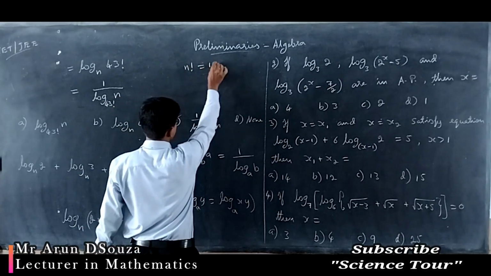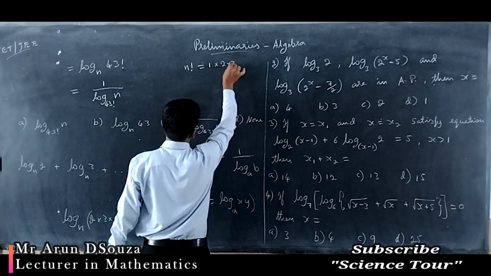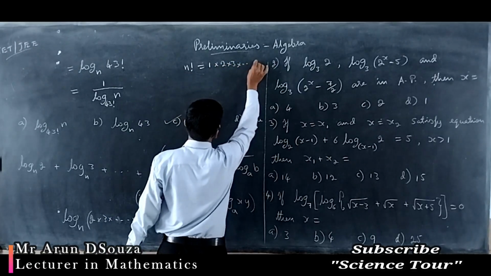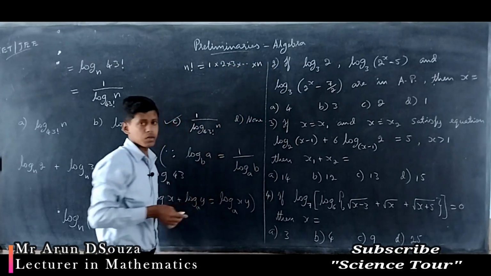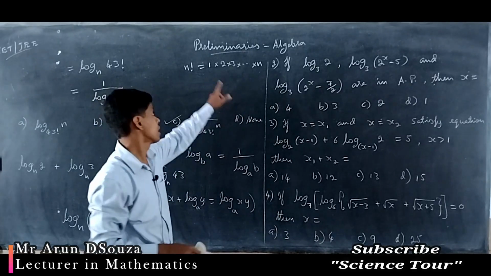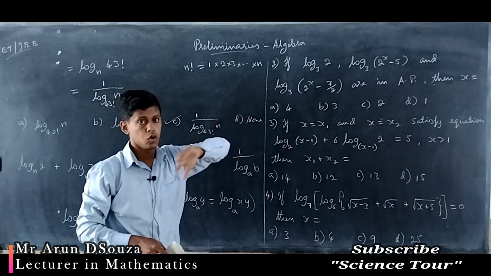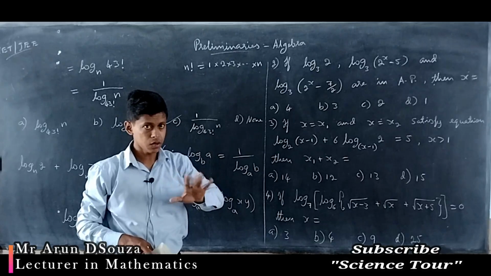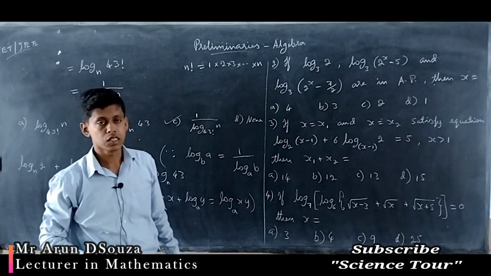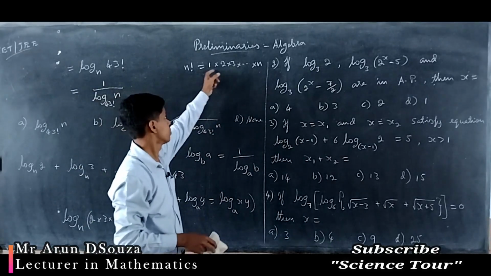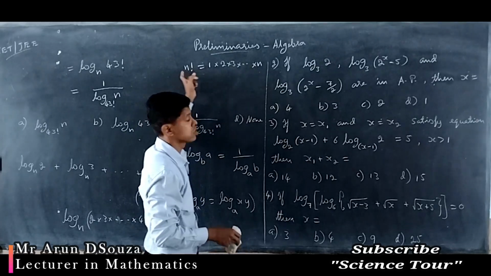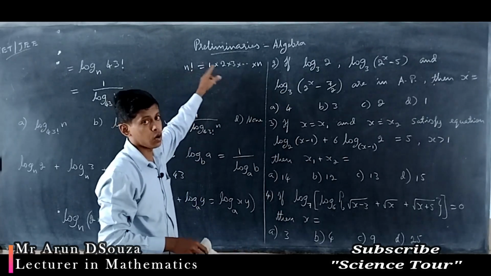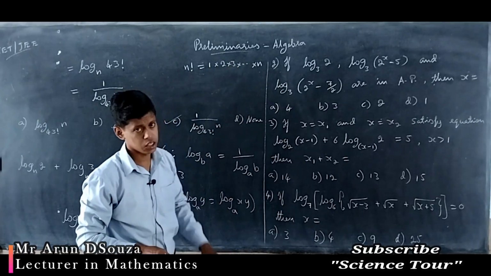Natural numbers are counting numbers starting with 1, 2, 3, 4, and so on. There are no negatives, no zero. So these are counting numbers. And n factorial is the product of first n natural numbers.